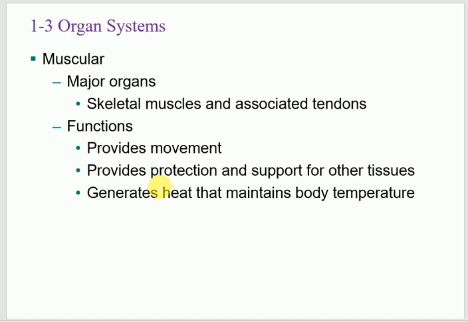Muscular system, muscles, and things related to the muscles. Tendon, for example, which is the attachment of the muscle to the bone. We call it a tendon. And this is basically for movement, also production of heat and protection as well, like these muscles of the abdomen. We have it to protect the organs behind it.